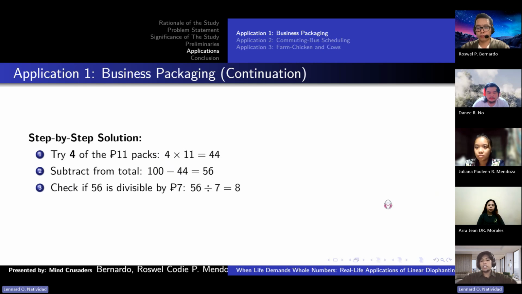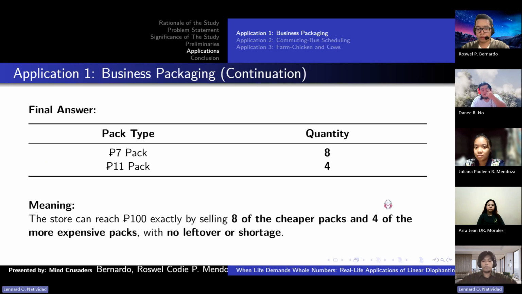Now we check how many 7 packs make 56 by simply dividing 56 by 7, which gives us 8. The solution will be 8 packs of the 7 peso product and 4 packs of the 11 peso product, meaning the store can reach exactly 100 pesos in sales by selling 8 cheaper products and 4 more expensive products with no extra money left over.